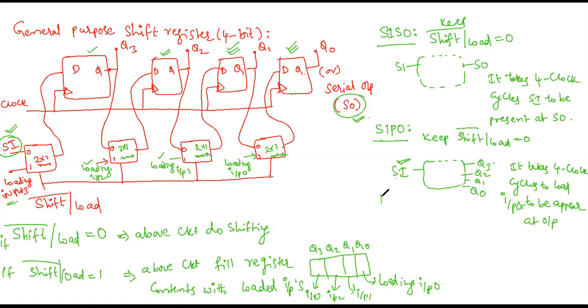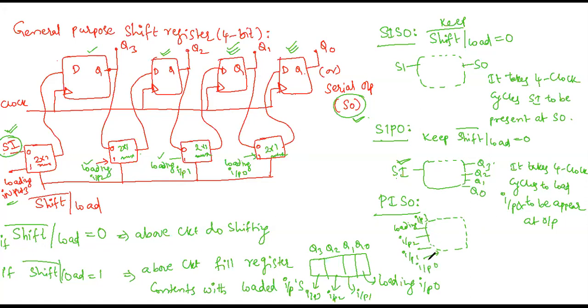Next, parallel in, serial out. For the parallel in, serial out, what you have to do is keep the loading input terminals outside the block. Parallel in, so loading input 3, loading input 2, input 1, input 0.